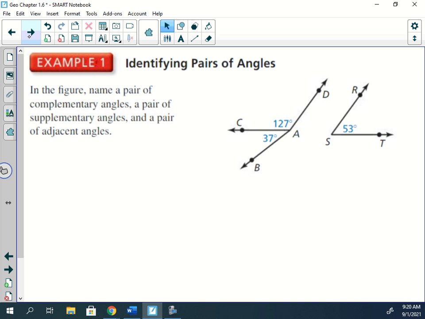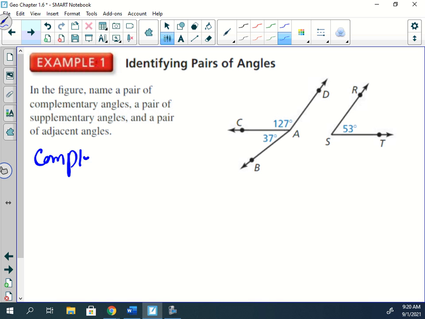In the figure, so here's our first example. In this figure here, name a pair of complementary angles. RST and BAC.